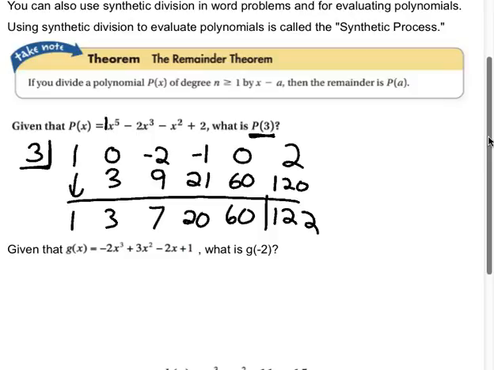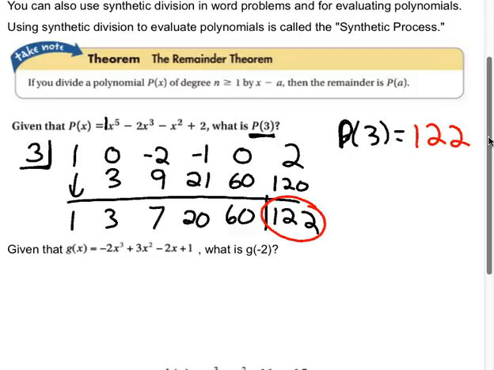All right, and when you actually go through this, now that we're at the end, when it says, what is P of 3? Well, P of 3 is actually just the remainder.